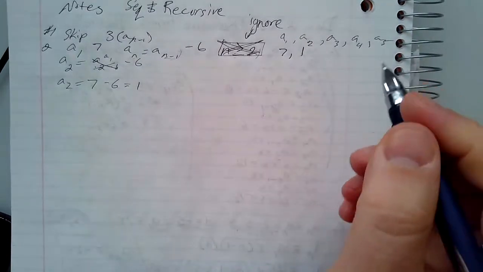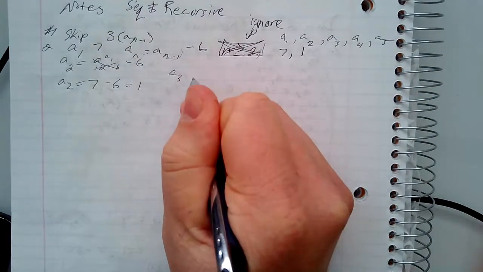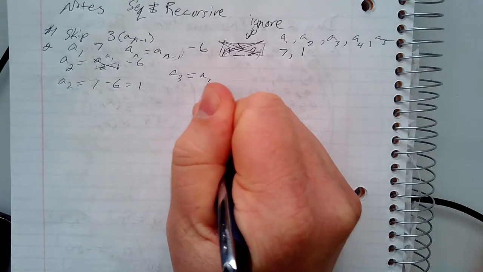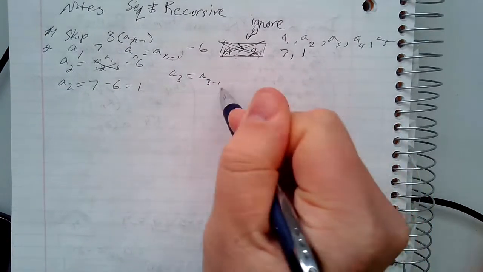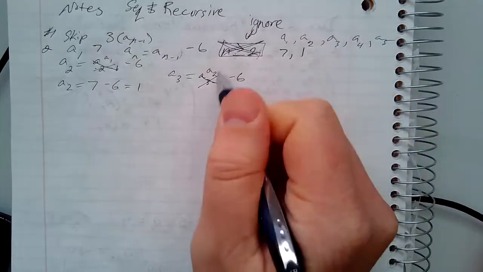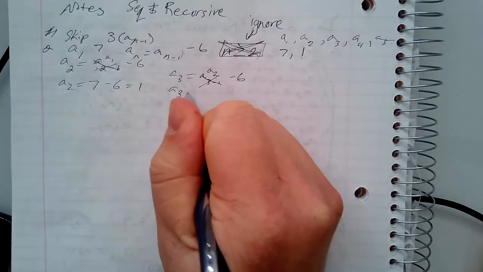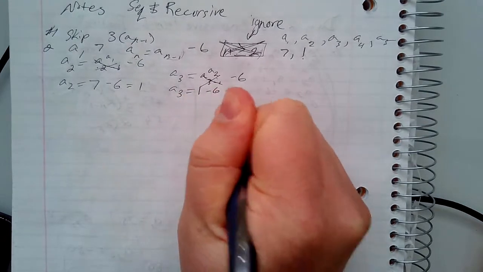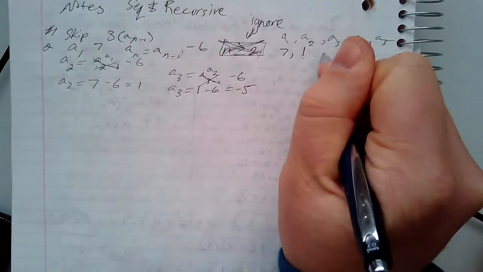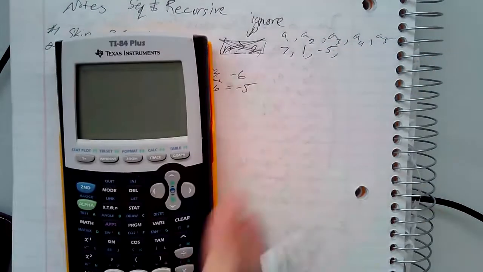Yay, so a sub 2 is 1. Now we're going to do the long way again. A sub 3 is equal to a sub 3 minus 1, which is a sub 2, minus 6. So you're going to take a sub 2, which is 1. So a sub 3 is equal to 1 minus 6, which is negative 5. So negative 5.